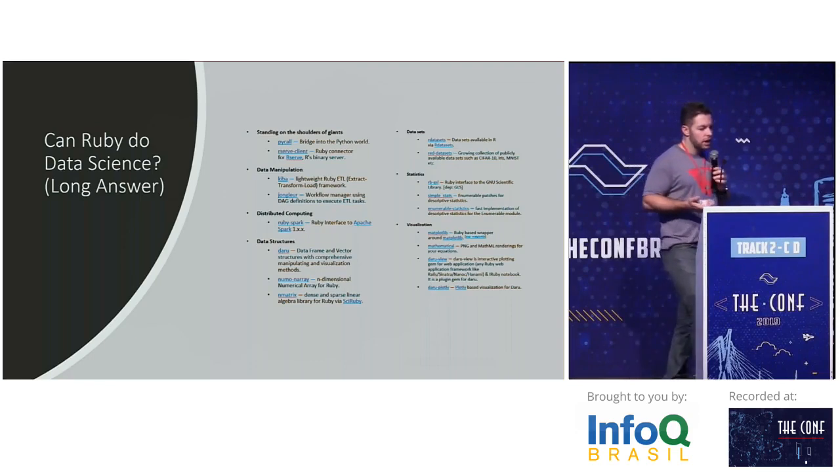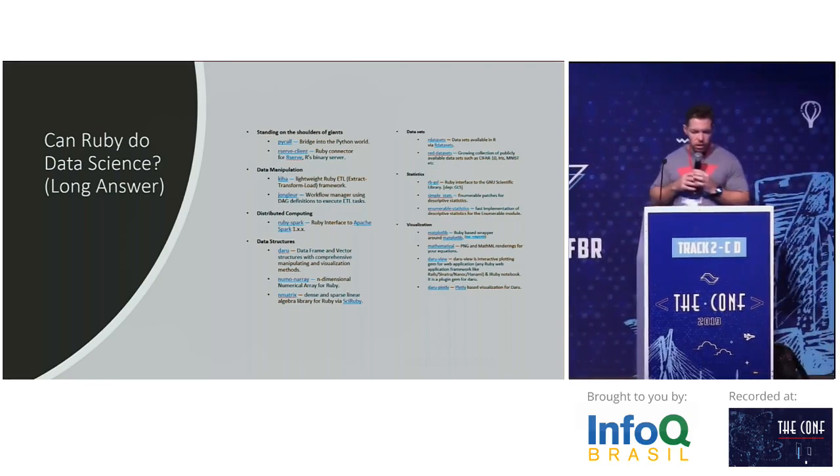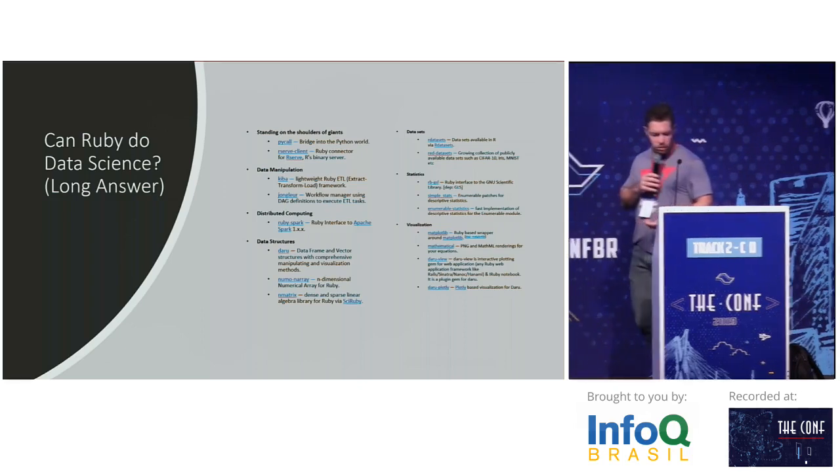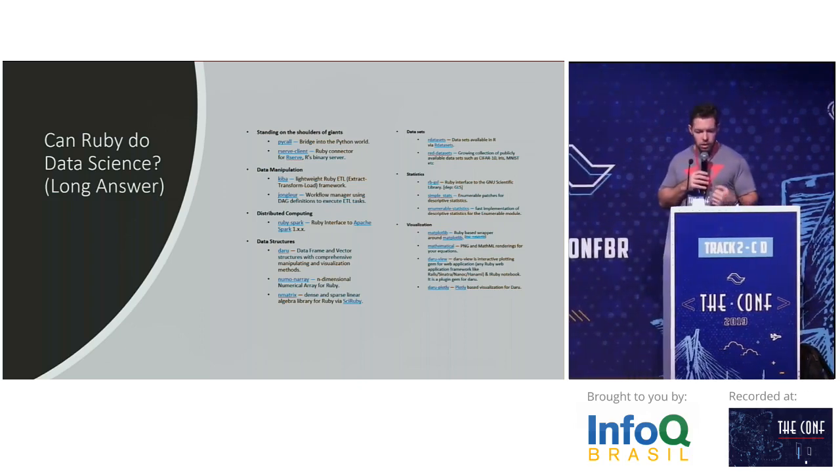We have libraries for data manipulation, for statistics, to integrate it with Python for data visualization, and it appears that we have everything that we need, but not everything is as great as it seems. Let's check some of these options in depth.